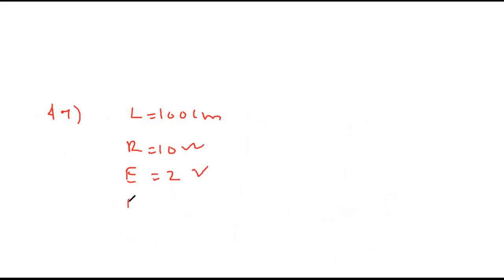Source of EMF 10 millivolt, I'm calling this as E1, is balanced against length 40 centimeter of potentiometer wire. What is the value of external resistance? So external resistance R we have to calculate.